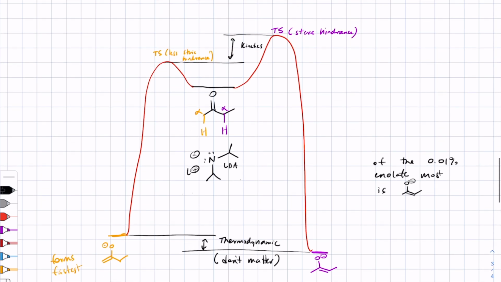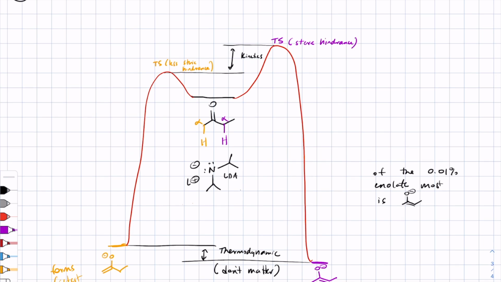The only thing that matters is who's fastest to form, because once you go over either of these hills, you're done. There's no going back. And so, the hill that's fastest to go over is the one that will happen most frequently. Okay? We will sometimes use the term kinetic enolate for the enolate that is fastest to form.